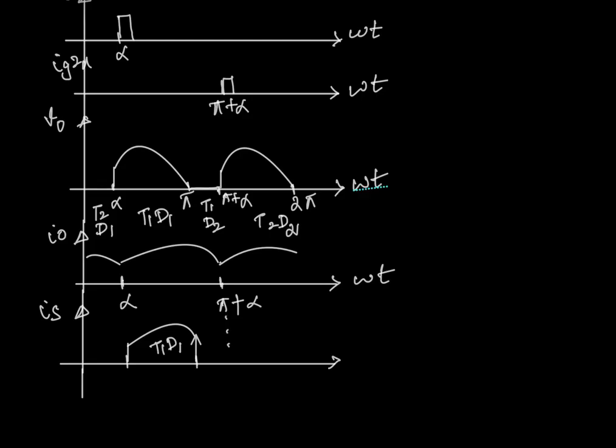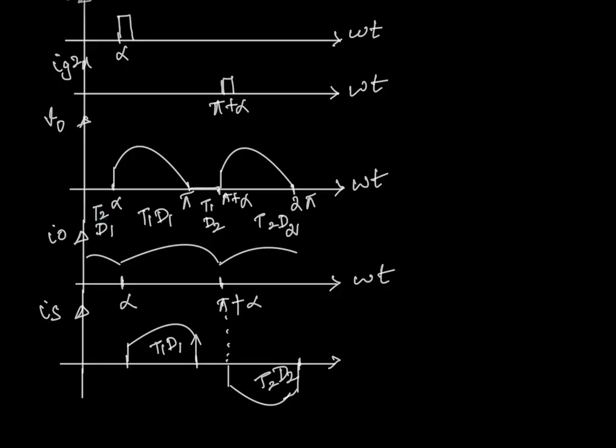Then from pi plus alpha to pi, the input current will be minus I naught. Okay, so this current is carried by T2 and T2.